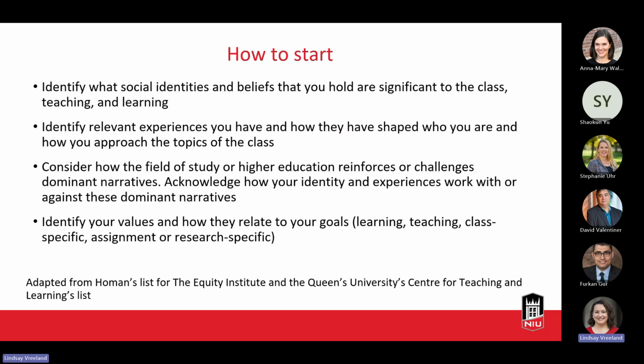If the expectation in the writing classroom is that you're going to have a white cis het woman teaching the class, like that's what a professor looks like in the English writing classroom in a college setting, then we might want to think about what identities we have that are aligning with that or working against that, and share things so that students know that you're more than that, or that you're bringing other things into the situation, and there are spaces for people that don't reinforce that dominant narrative.